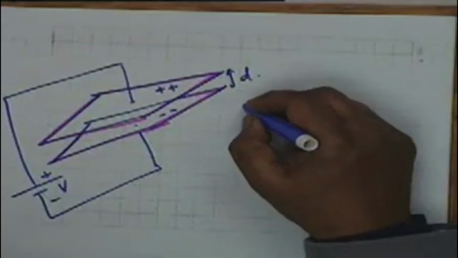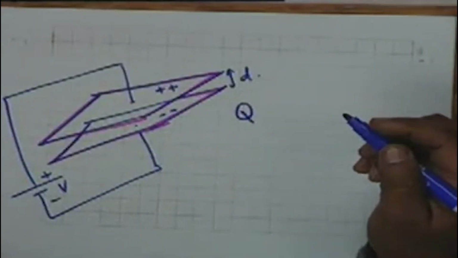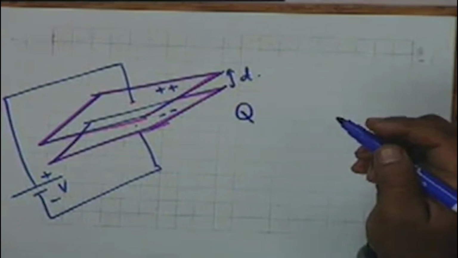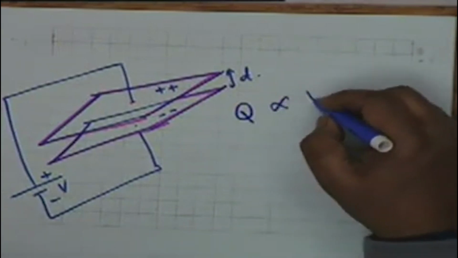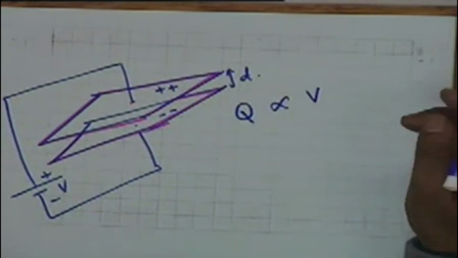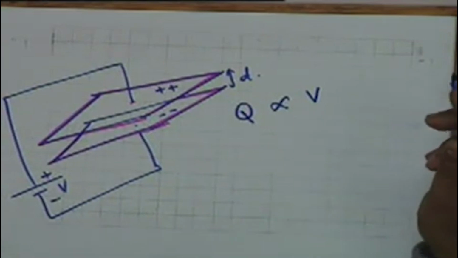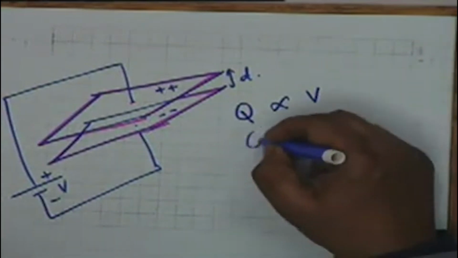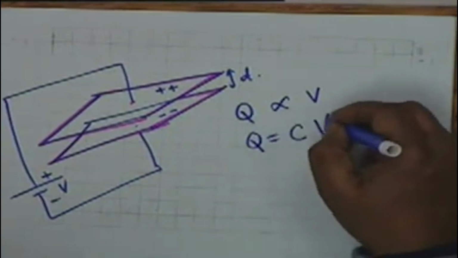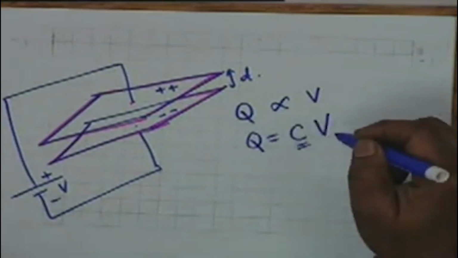Therefore it acts as a storage of charge, and it is found that the charge stored in the device is proportional to the potential difference V that is applied. That is, if you increase the battery voltage to twice its previous value, then the charge doubles, and therefore Q is proportional to V, and the proportionality constant is given the name of capacitance.